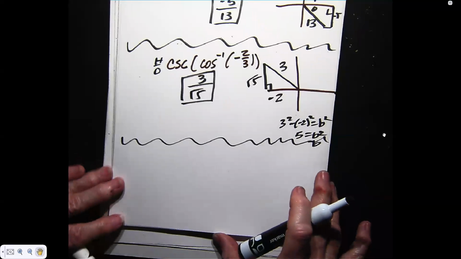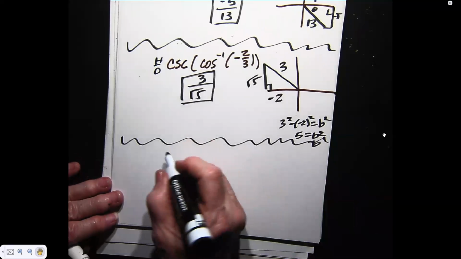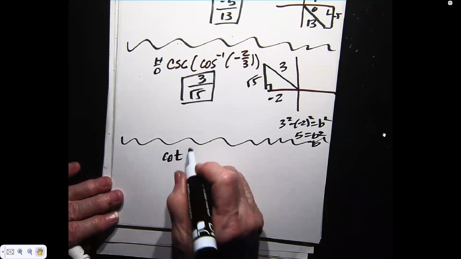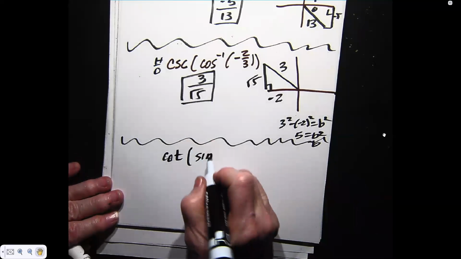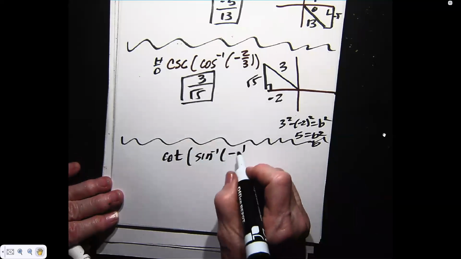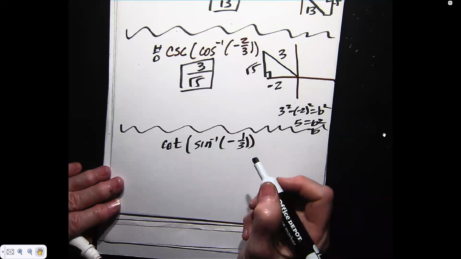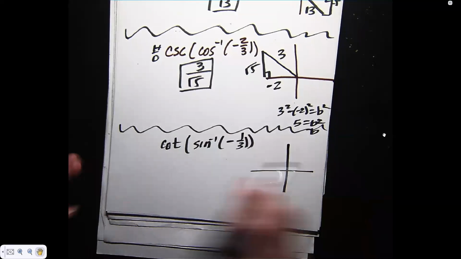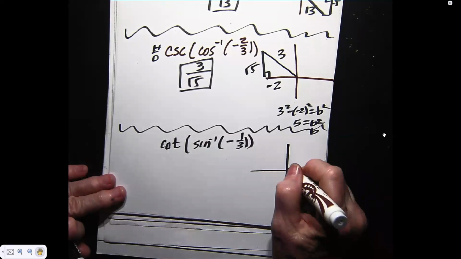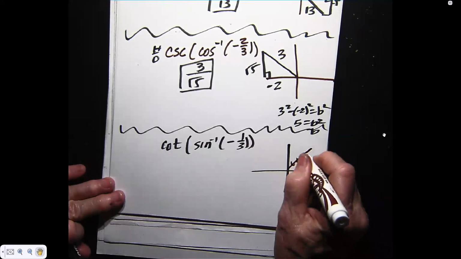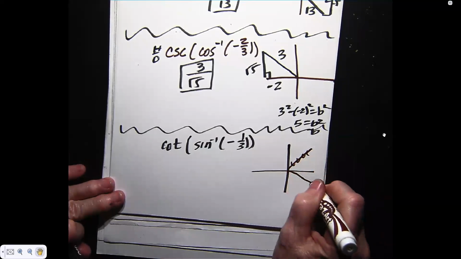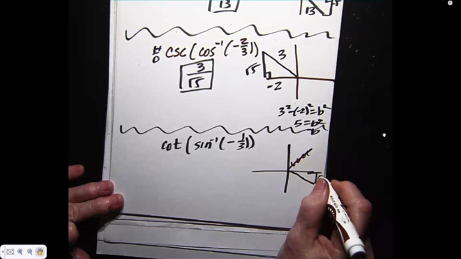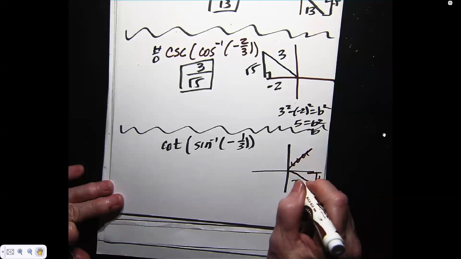One that you could pause and try on your own would be if I said I wanted the cotangent of the sine inverse of -1/3. So pause your camera if you want to. Sine is negative in quadrant 4, so it is the opposite over the hypotenuse.